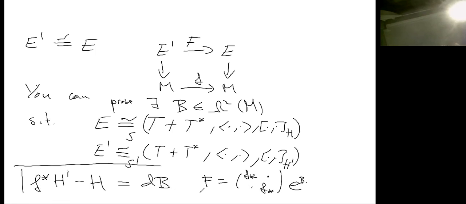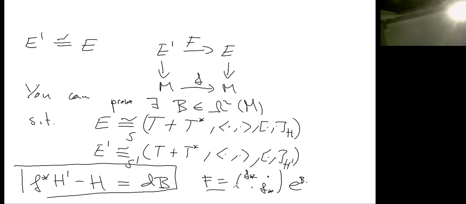This amounts to saying explicitly what this F is in this particular model. F is of the form, in matrix form, F star and e to the B. You can prove that it's always this way, and this is the condition for the bracket to be preserved.